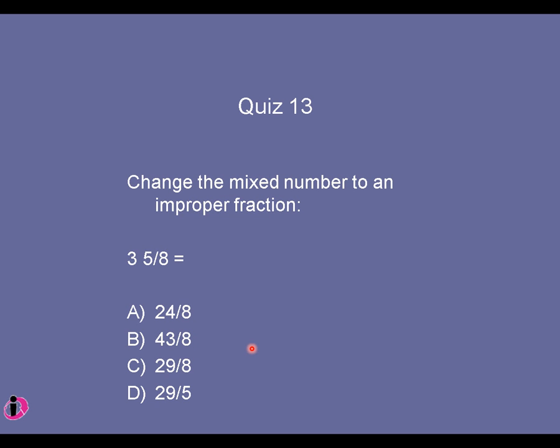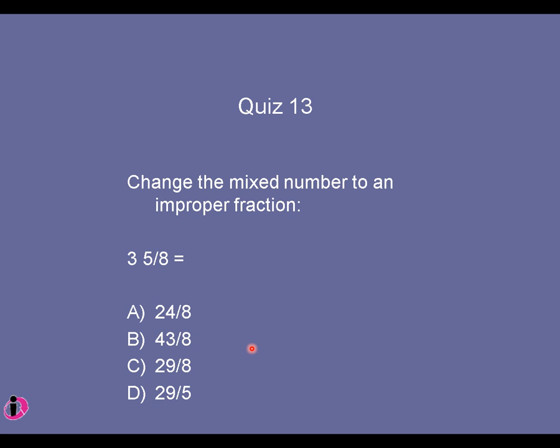Plus numerator, which is 5. So we multiply these two, right? 3 times 8, and then we add these. 24 plus 5, 29.